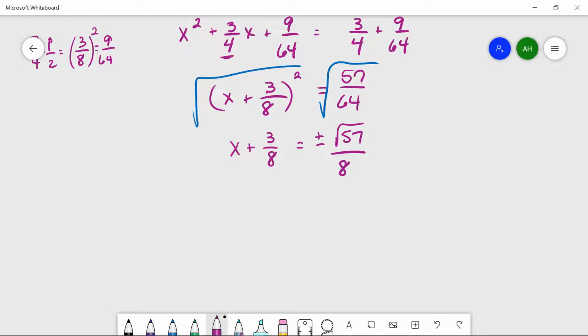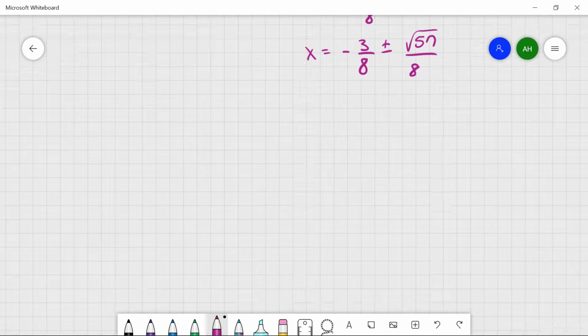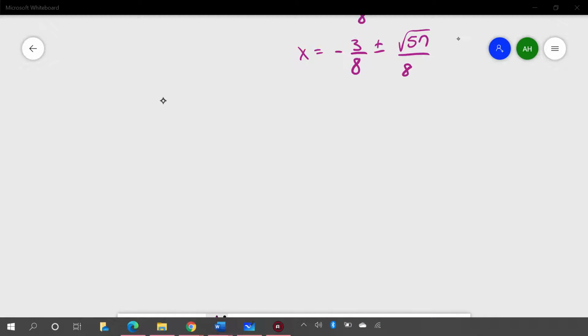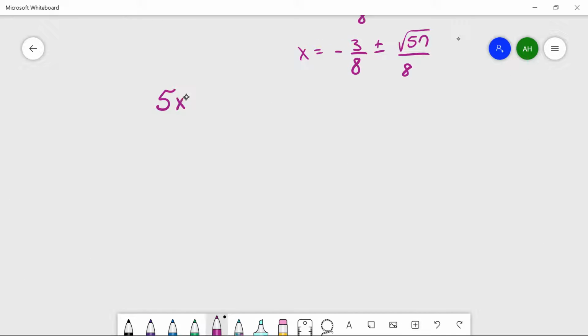So now I'm going to have that x equals negative 3/8 plus or minus the square root of 57 over 8. Okay, let's try another one. A little bit of a change here. All right, so this one, I have 5x squared minus x minus 2 equals 0.